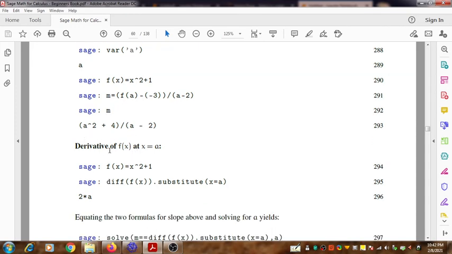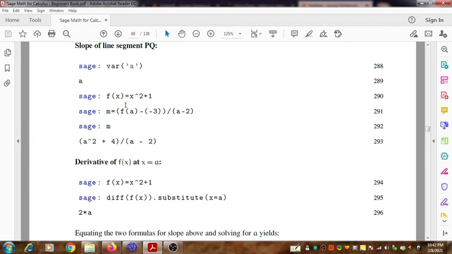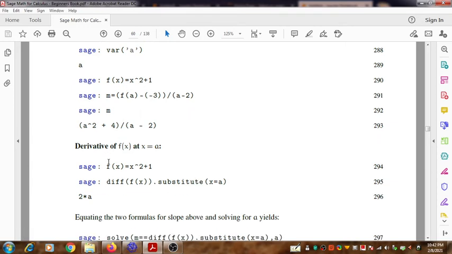Then we come to the second part. Here we shall determine the derivative of f(x) at the point x equal to a. For that we define f(x) equal to x square plus 1. It's a repetition, so once it is defined, no need to do it again.